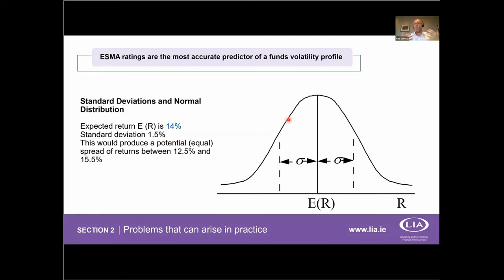So if we look at it from an investment world perspective, risk is the likelihood of achieving a certain outcome, okay? Whether that's positive or negative, as in a gain or a loss, doesn't matter. It's the likelihood of achieving that outcome. That's what risk is. What's the likelihood of achieving that outcome?